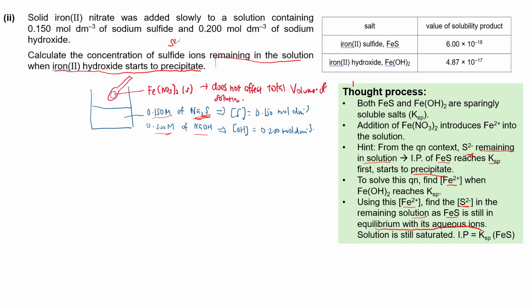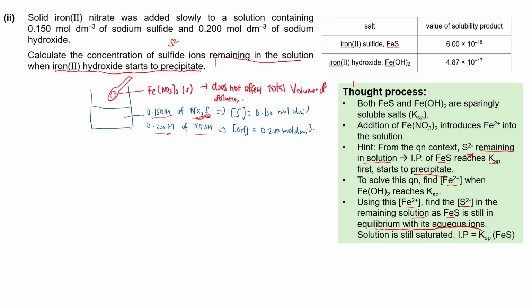Firstly, from the hint, you know that the ionic product of iron 2 sulfide reaches Ksp first, so it starts to precipitate. So this question is essentially asking, how much sulfide will remain in the solution when iron 2 hydroxide starts to precipitate?